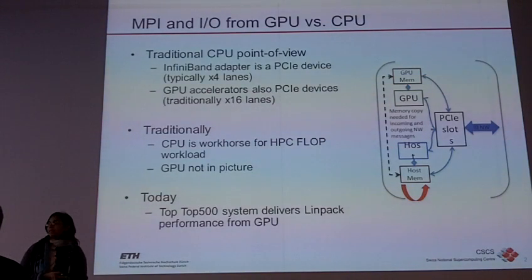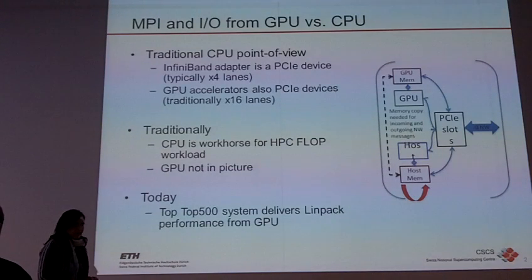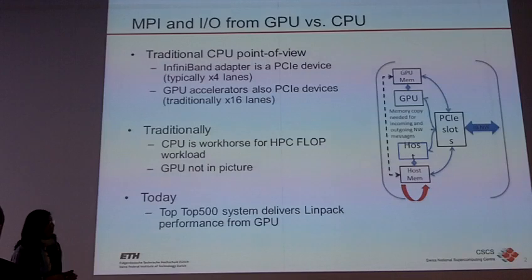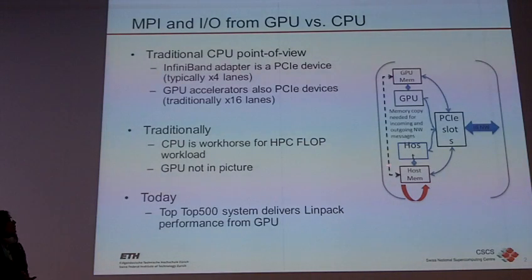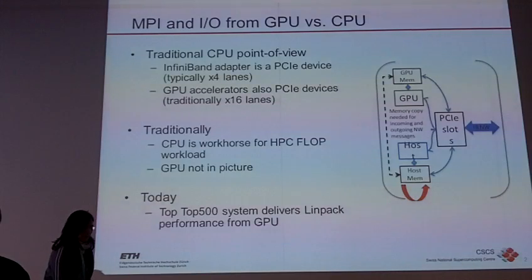And if unfortunately that data needs to get out to the network for MPI communication or for I/O, then this data not only needs to be copied back to the host memory, but traditionally there used to be an additional copy within the host memory from one device's address space to another device's address space. So you could imagine a scenario where you are computing something on the GPU and you have to send it directly to the network, because as the GPU becomes the main workhorse, you may want to do it more often. Then there is a lot of overhead there.